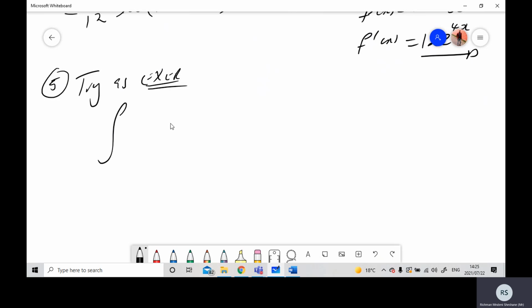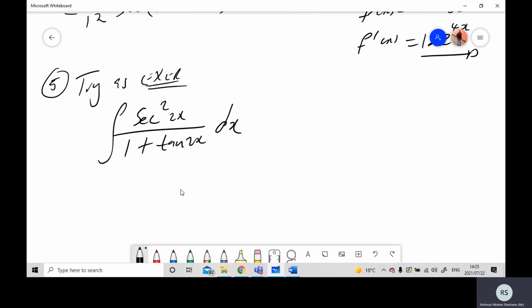Integrate sec squared of 2x over 1 plus tan 2x dx.